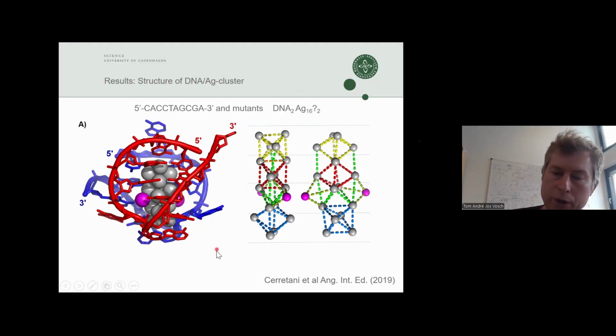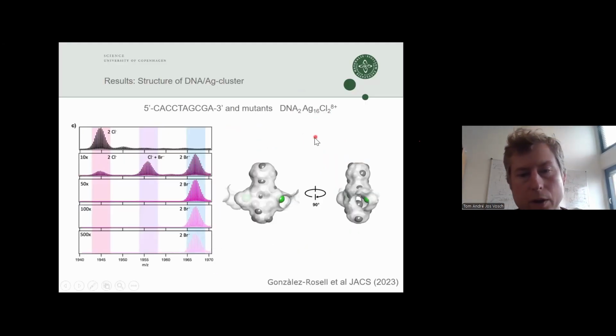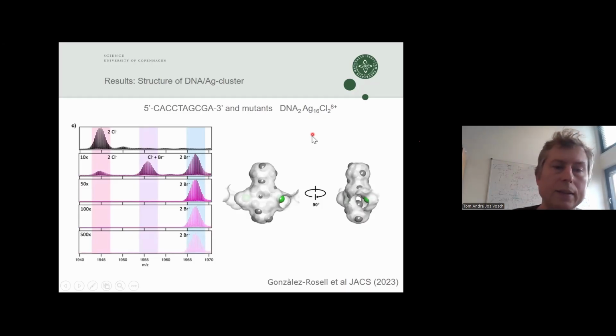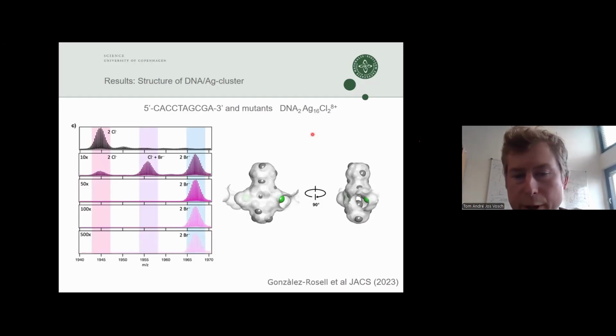But then a few years later, the group of Stacy Cobb showed actually that these two mystery atoms turned out to be chlorides. And that was quite surprising because during the synthesis, we always try to avoid chloride in the reactions.